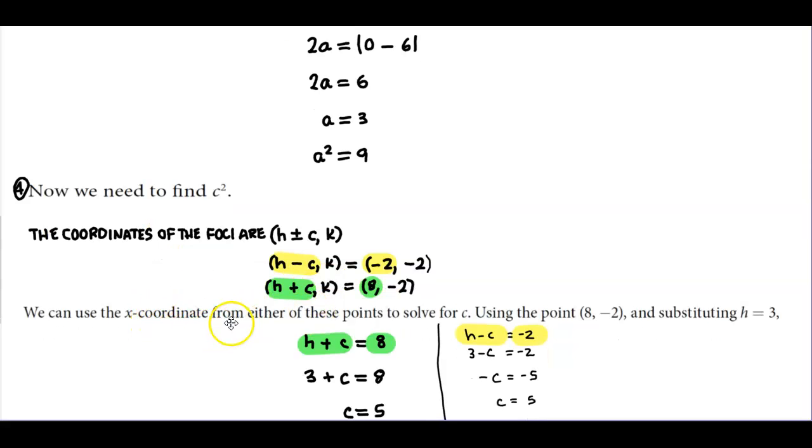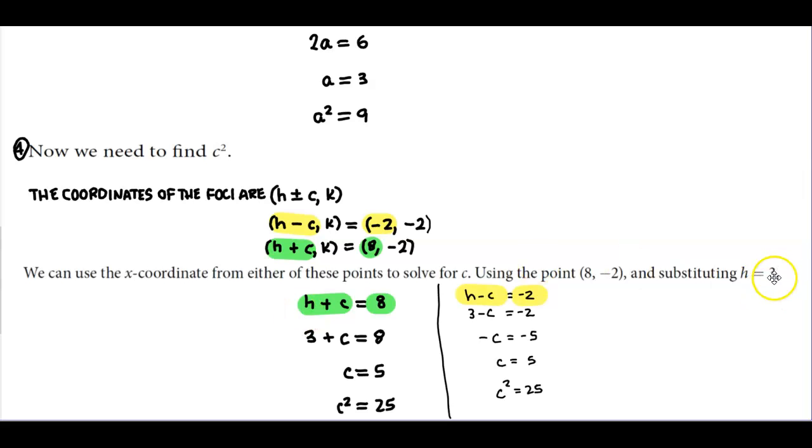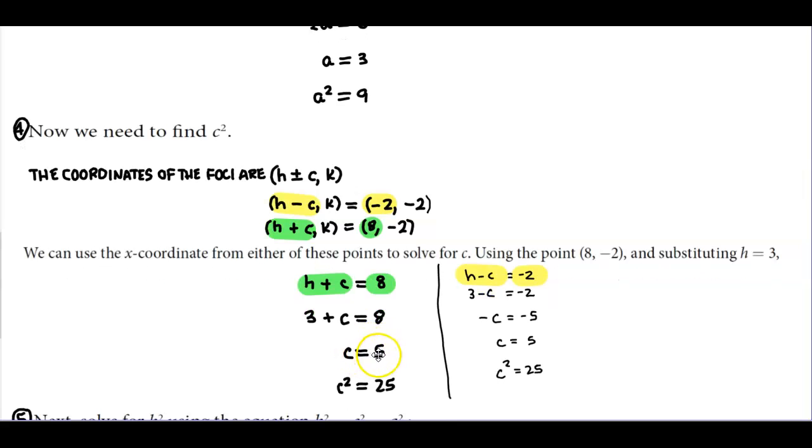So we can use the x-coordinate from either of these points. Using the point (8, -2), we substitute h to be positive 3. So h plus c is going to equal 8. Substituting the value of 3, we get 3 plus c is equal to 8. Subtract 3 from both sides. c is equal to 5, and therefore c squared is equal to 25.